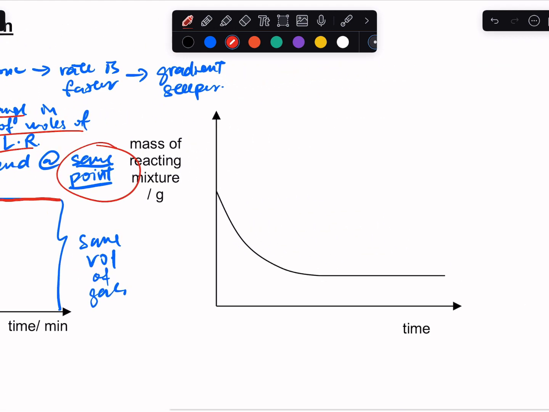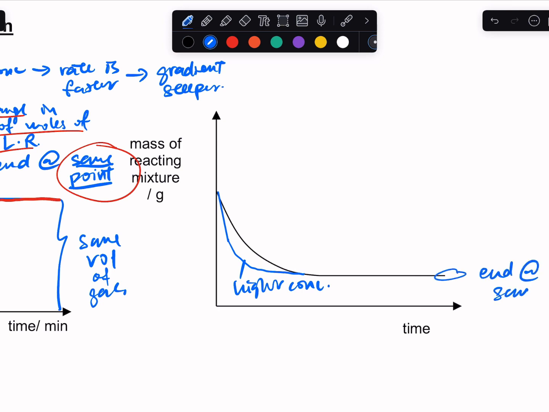If I look at the mass, it's the same. When I increase concentration, I will have a steeper gradient at the start. Start at the same point, and I should plateau off earlier. Okay, higher concentration, but again end at the same point, because the same amount of gas is evolved.